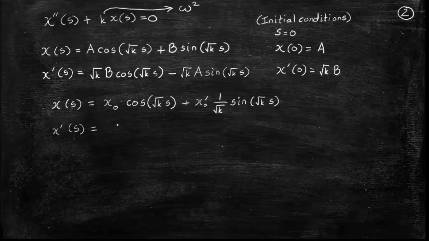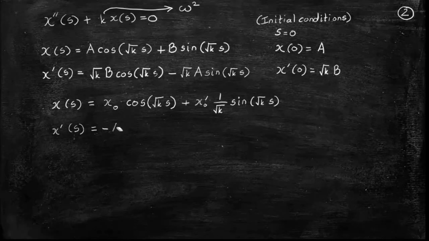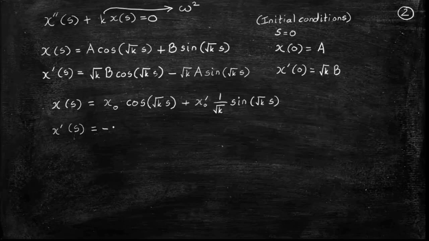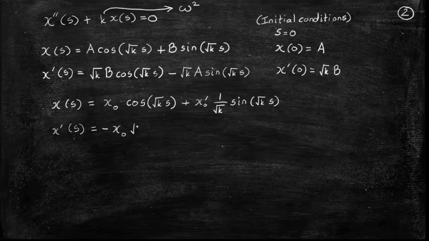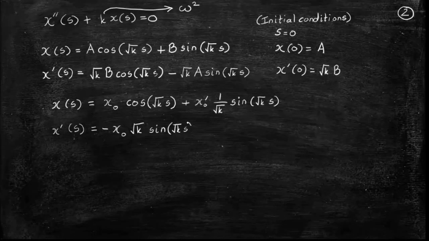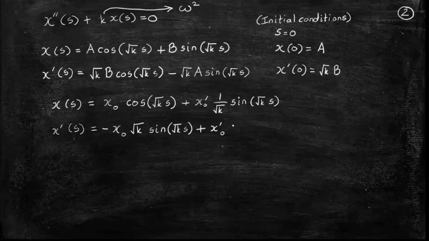The a term contains x naught, so this will be minus x naught multiplied by square root of k, which is already there, multiplied by sine of root k times s, plus root k times b is already x naught prime, so there will be no separate square root of k term, multiplied by cosine of root k times s.